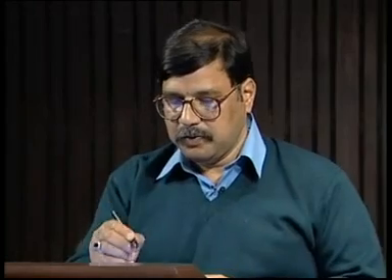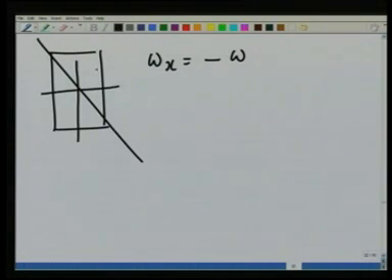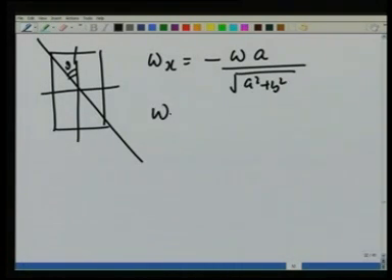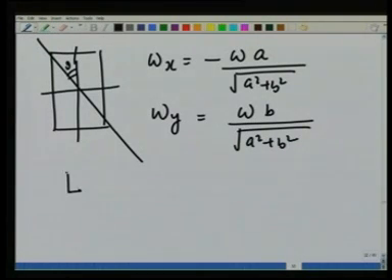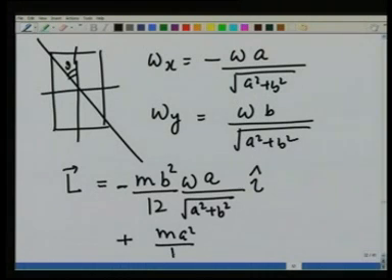and therefore, I have omega x equal to minus omega a over square root of a square plus b square, omega y is equal to omega b over square root of a square plus b square, and therefore, the L vector is going to be m b square over 12 omega a divided by square root of a square plus b square in the i direction with a minus sign, plus m a square over 12 omega b over square root of a square plus b square j.